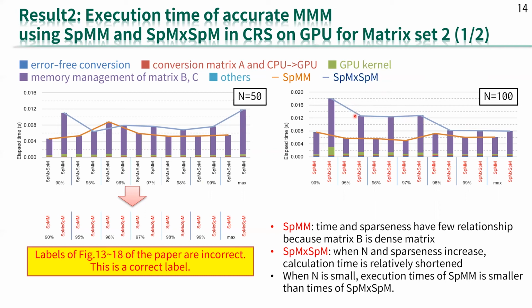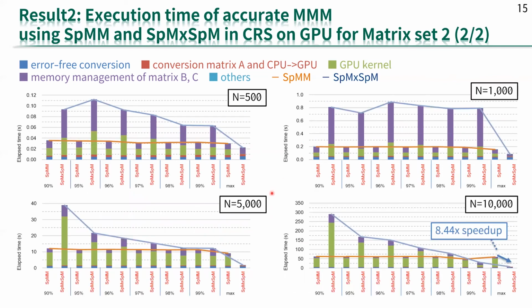When n is small, the time of the memory management of matrix B and C, which includes data transfer from CPU to GPU, is dominant in all cases. And execution time of SpMM is smaller than that of SpM. But when n is large enough, execution time of SpM becomes shorter.